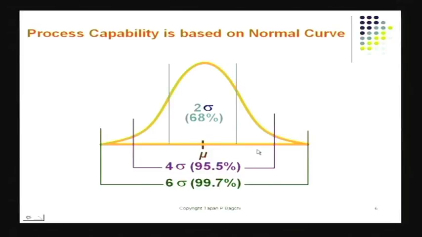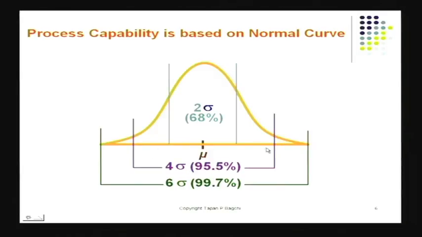So something for us to remember is, if the distribution is normal, then within plus and minus 1 sigma, I'll have 68% of output. If I expand that range to plus and minus 2 sigma, I'll have 95% production.